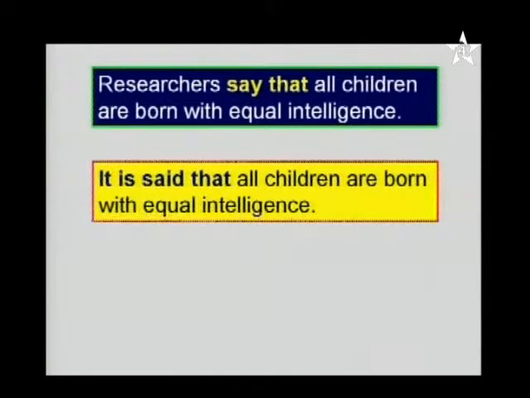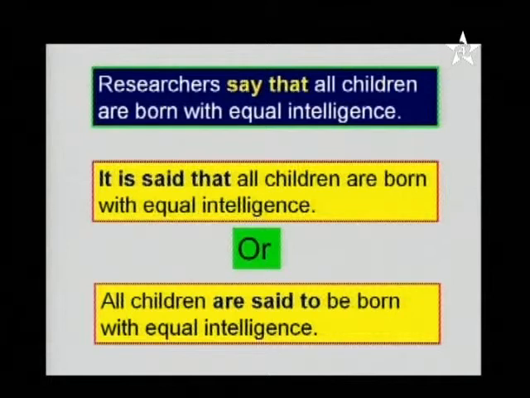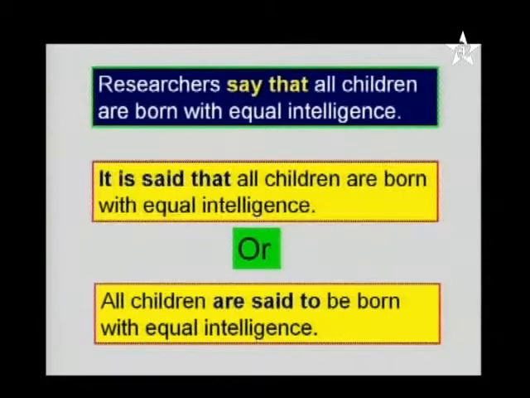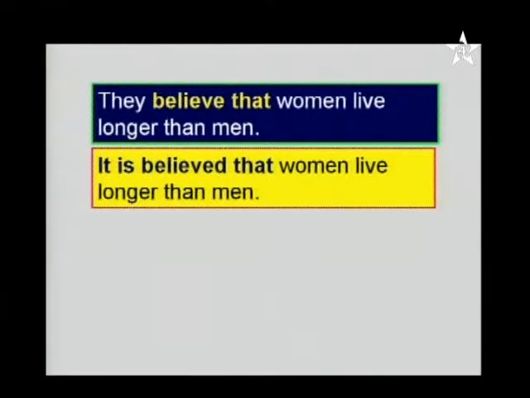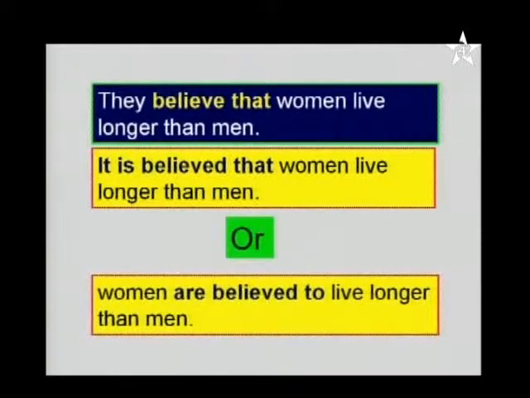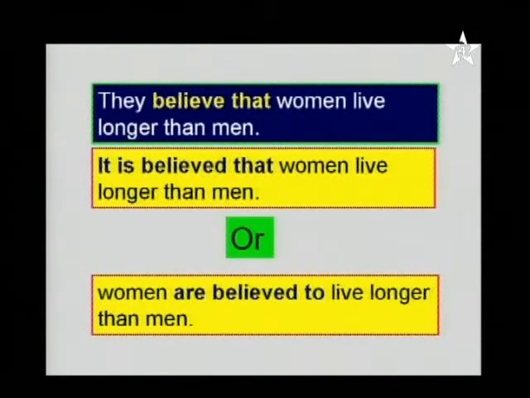This is possible and good, but it's more common in English to say all children are said to be born with equal intelligence. Likewise, they believe that women live longer than men. Impersonal passive: it's believed that women live longer than men, or women are believed to live longer than men.